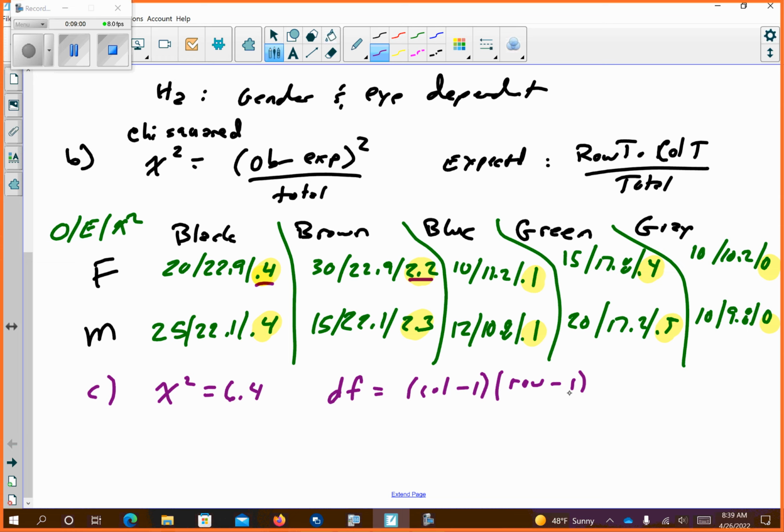Columns we have 5, rows we have 2. So it should have been 5 minus 1 times 2 minus 1. So we get 4.